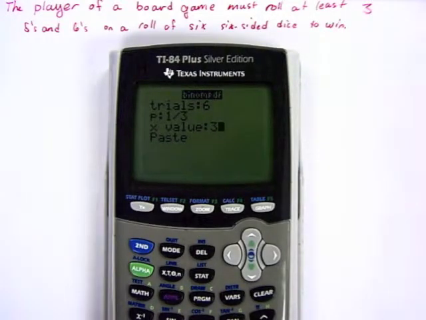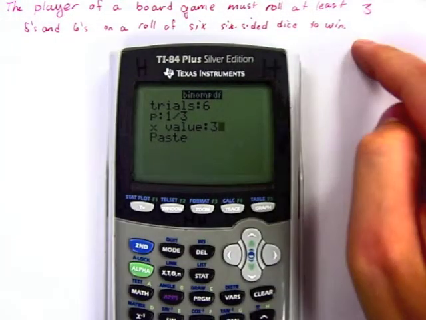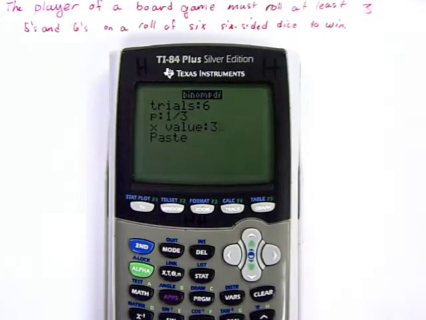So let's go ahead and start with 3, because if we're looking at least 3 5s and 6s, then 3 is one of those possibilities.